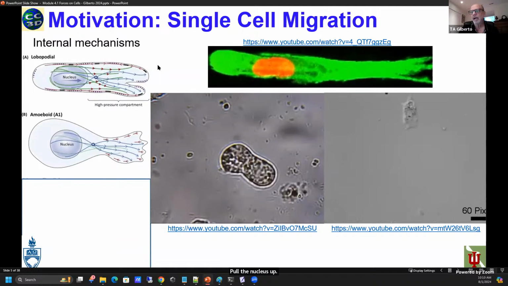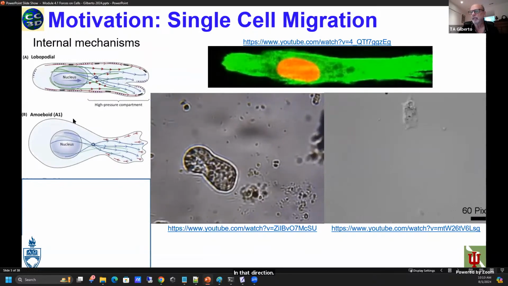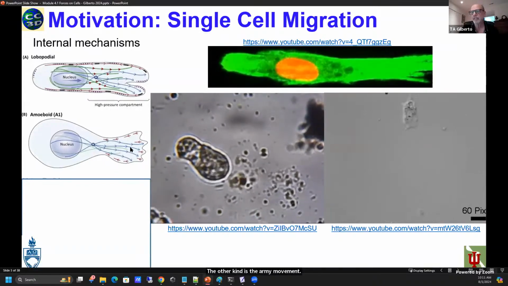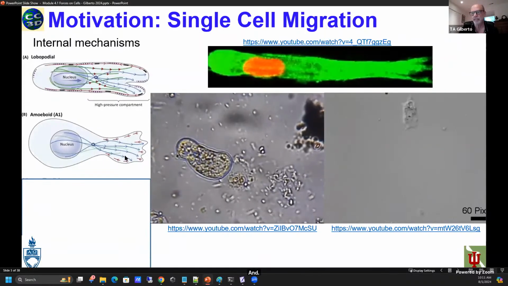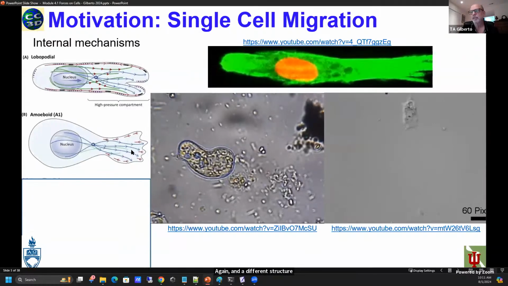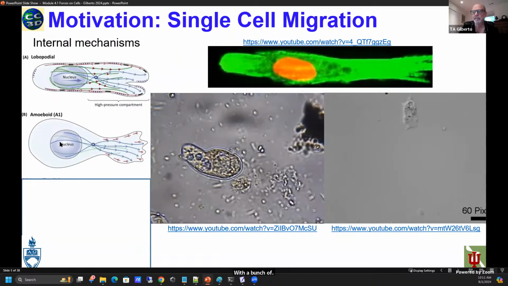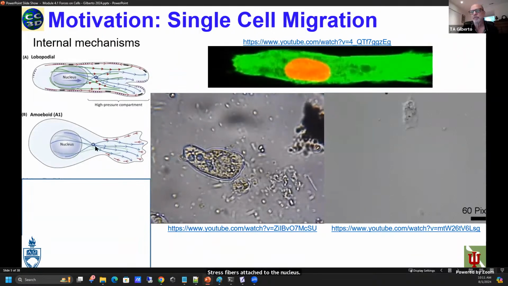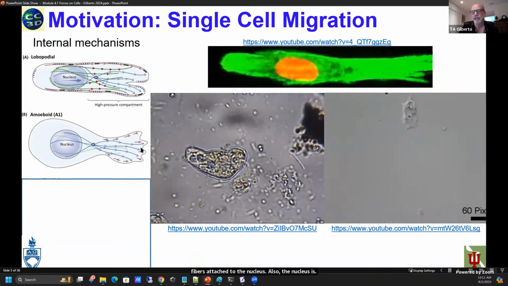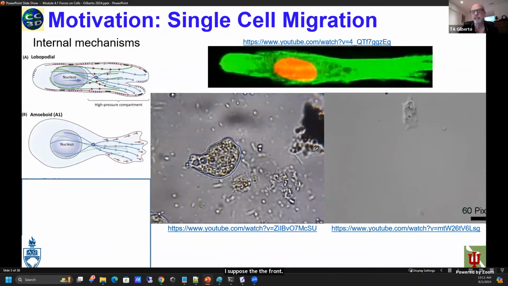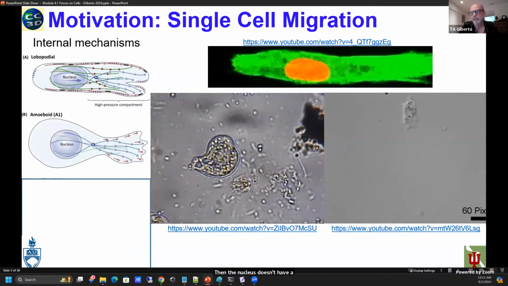The other kind is the amoeboid movement. Again, a different structure is formed in front of the cell, with a bunch of stress fibers attached to the nucleus, and the nucleus is pulled towards the front. The nucleus doesn't have an intrinsic movement, the cell does.